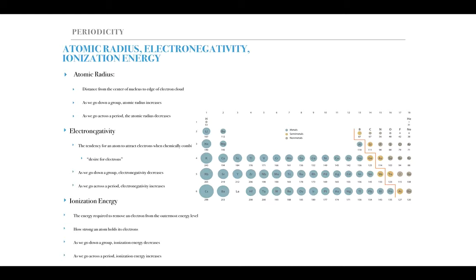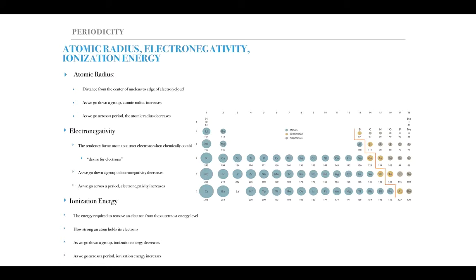Ionization energy is the energy required to remove an electron from the outermost energy level. In other words, it is how strong an atom holds onto its electrons. The easier it is to take an electron away, the weaker the energy is, and vice versa. The harder it is to take away an electron, the stronger the energy. As we go down a group, ionization energy decreases because the electrons are further from the nucleus due to more energy levels.